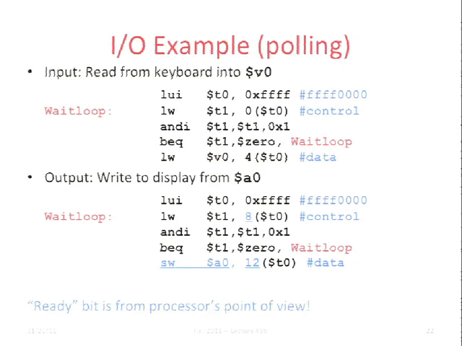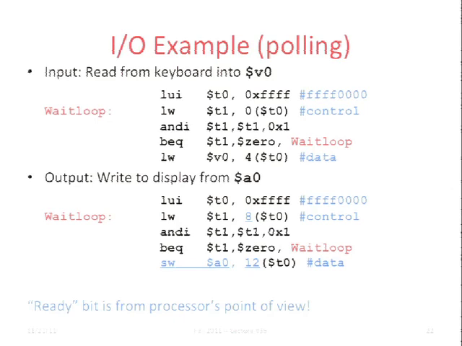And then when it is, we actually load the word from the next 4 bytes, which is our data register. Okay? So the control register is 4 bytes. We then read the next 4 bytes, which is our data. So if you wanted to read 4 bytes from the keyboard, that's how you do it. You check the keyboard's ready bit until it says it's ready, and then you look in the data register, and there's 4 bytes for you coming from the keyboard. That's how you get stuff from the keyboard.